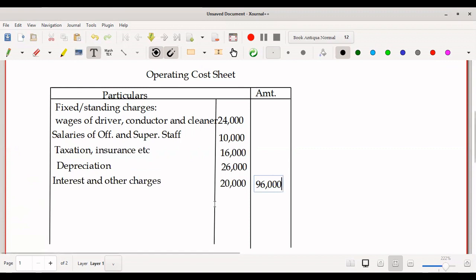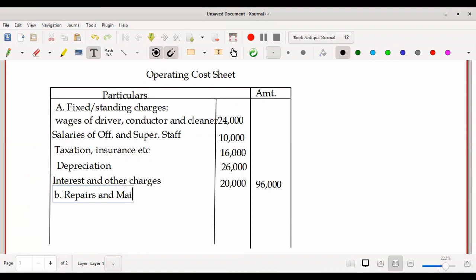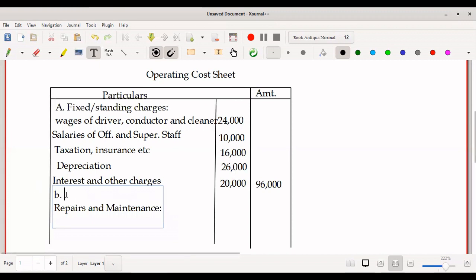This is the first head, that is A, and here we'll take the second head as B. This head is running charges or variable charges.